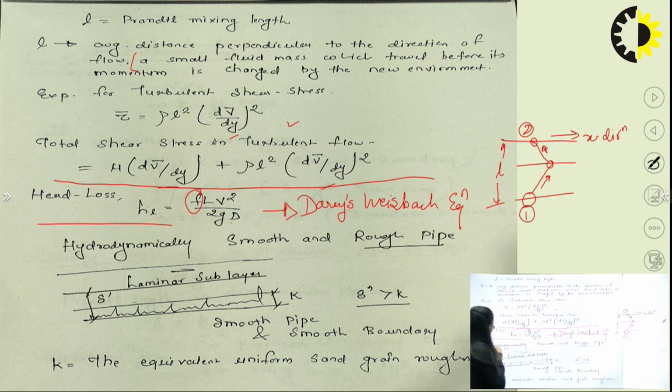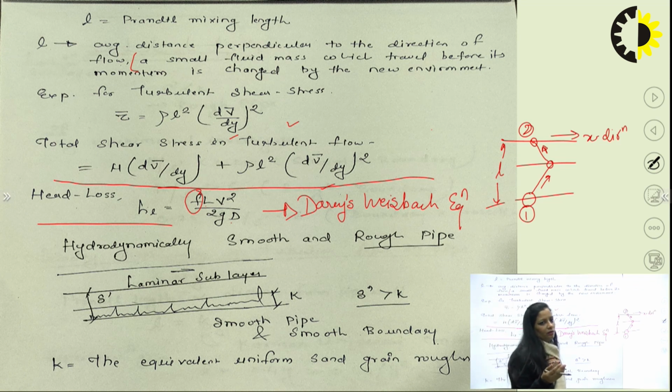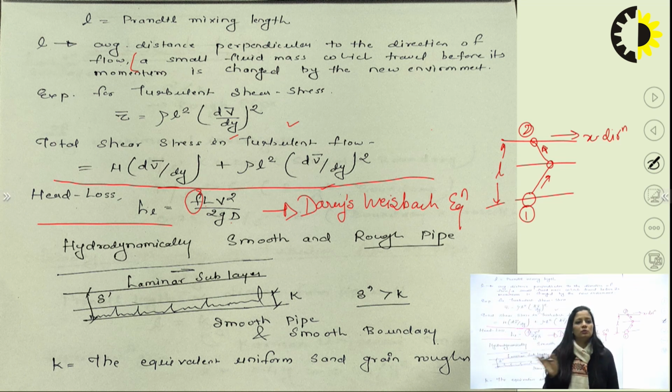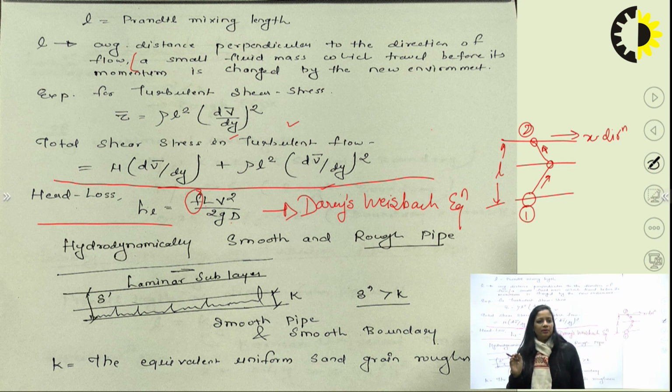Now the next topic is that we need to differentiate between a rough pipe and a smooth pipe. In normal terms, in any situation, when we talk about smooth pipe and rough pipe, we say that if a pipe has a smooth surface, it is a smooth pipe.